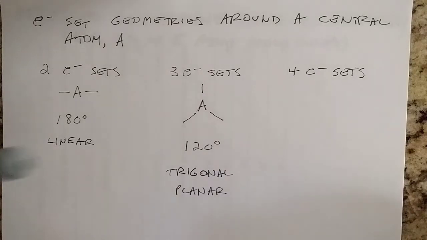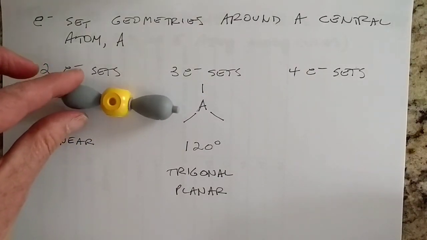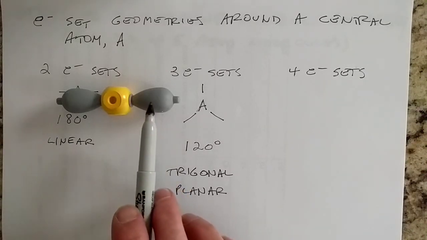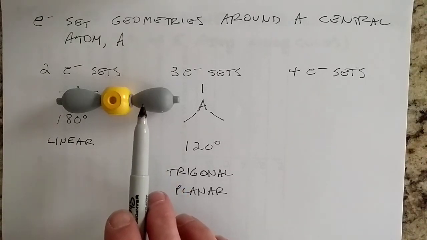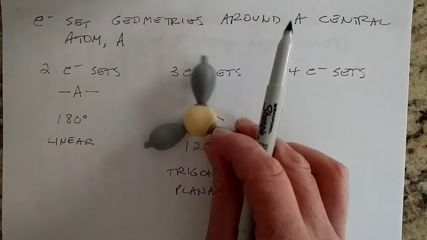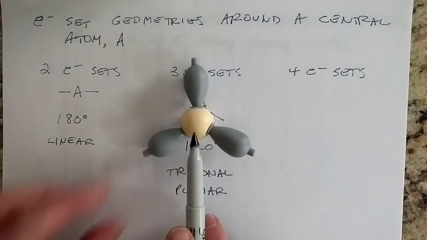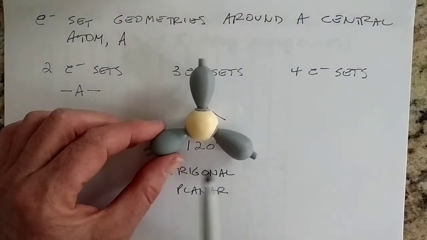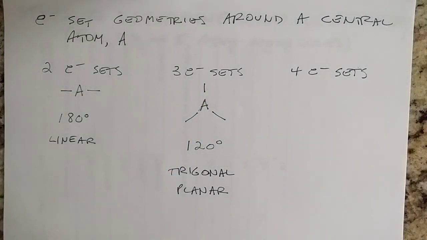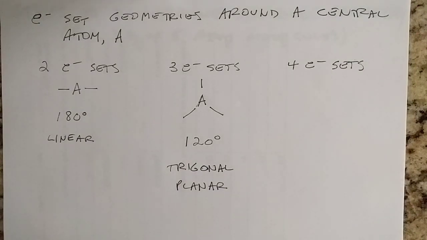So to visualize, this is our two electron sets. There's our center atom. The gray is representing the electron set. So we have two sets that are linear. And then for three electron sets, we have our atom in the middle, and we have our three sets at 120-degree angles. Now, four electron sets, this is a little trickier because we do have 3D space, and our electrons are going to go into the 3D space to get away from each other.